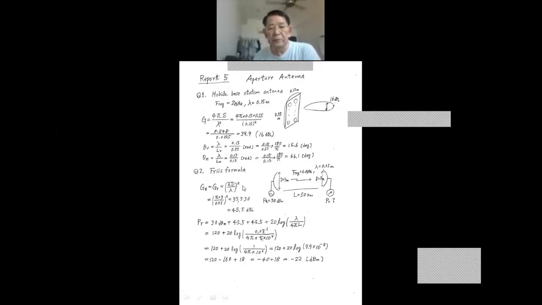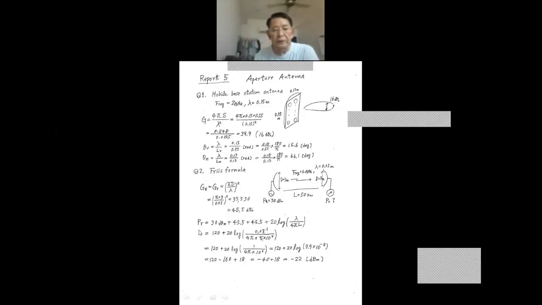Then this 3 meter antenna gain is 45.5 dBi. Very large antenna gain. And this mobile communication antenna gain is only 16 dBi. However, this microwave communication antenna has very large antenna gain, 45.5 dB.